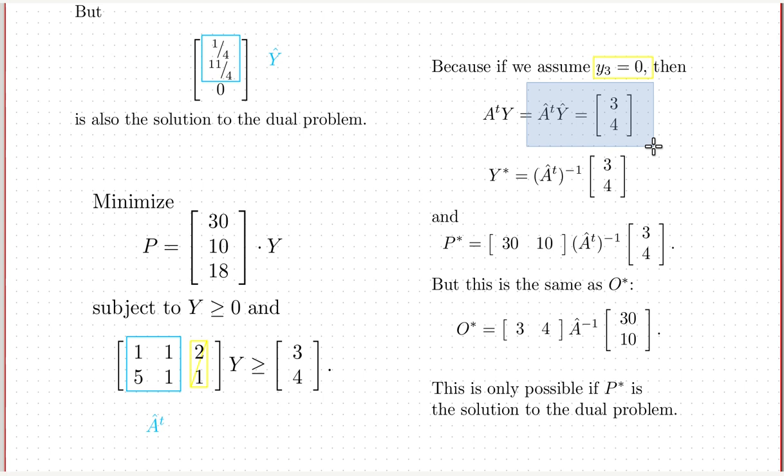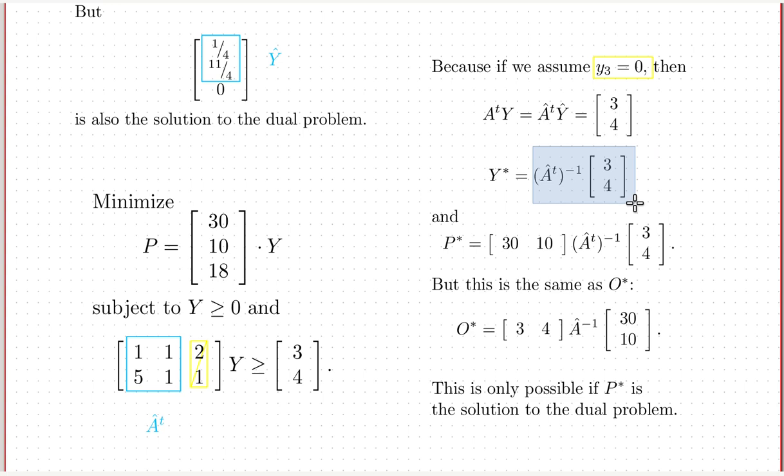A hat transpose has an inverse, which is simply the transpose of A hat inverse, or A transpose inverse. It's still an invertible matrix, so we multiply through by its inverse and we get our proposed solution. At least we know now it's a corner. It's the corner formed by taking A hat transpose inverse times 3/4.